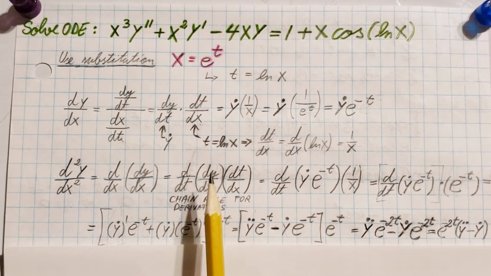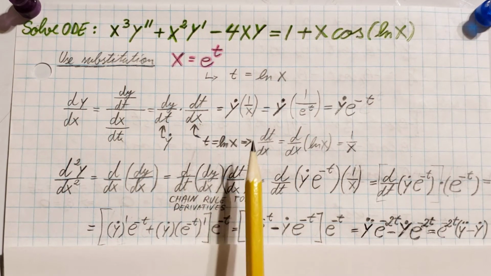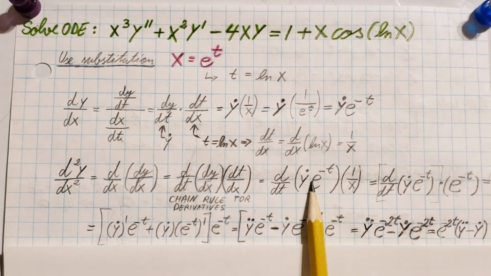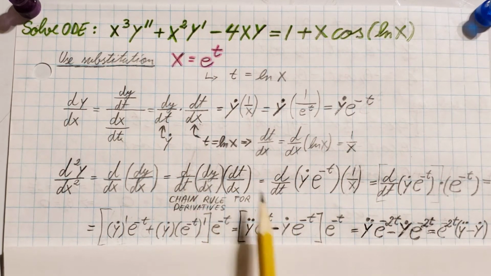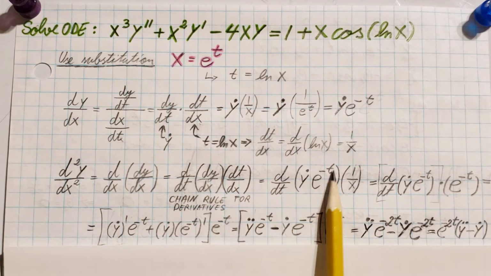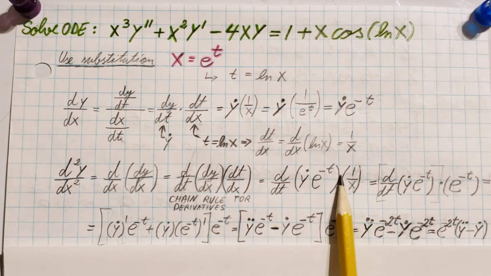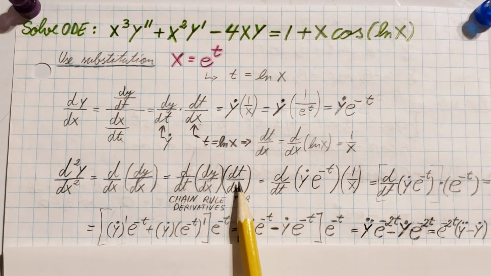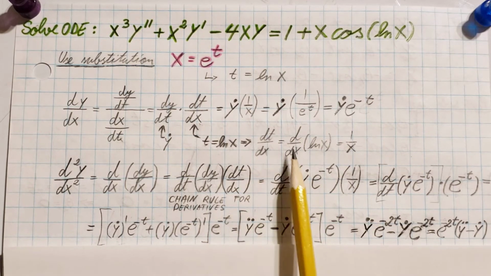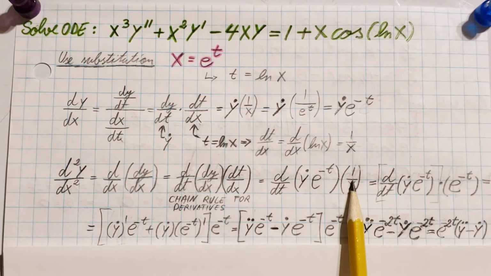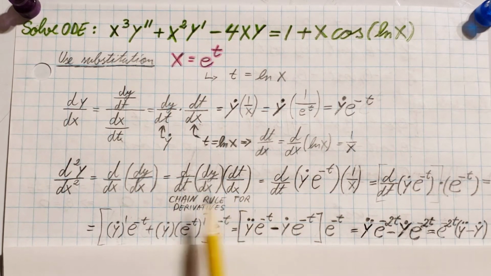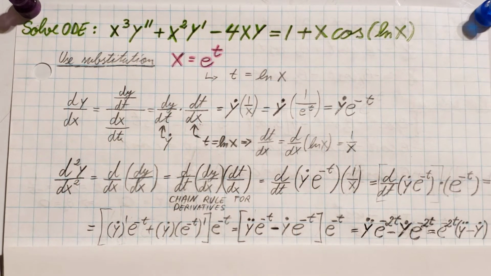So here we found that dy/dx was right here. Plug it in. d/dt stays. So we're going to take a d/dt of this parentheses, and this is just multiplying this whole thing by dt/dx, which is right here, 1 over x. So plug it in. Here, this is just simply the chain rule for derivatives. That's how we come from here to here.